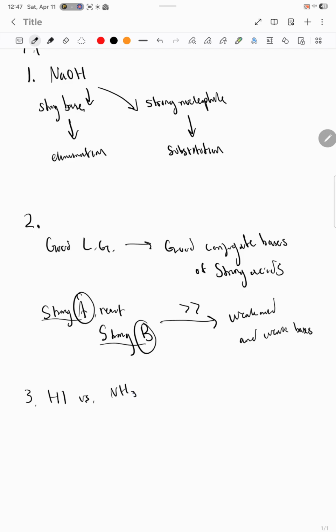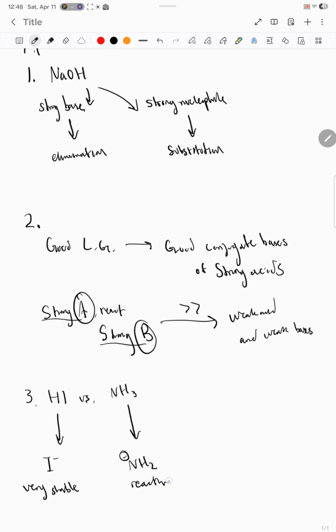Well, we know that the conjugate base of hydroiodic acid is very stable, compared to the very reactive conjugate base of ammonia.